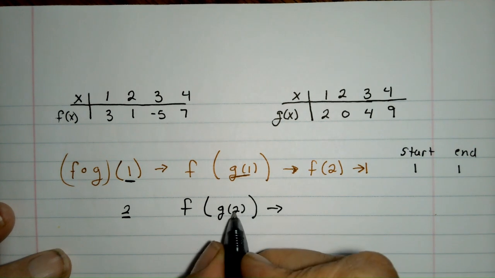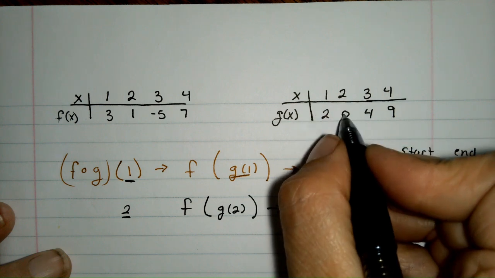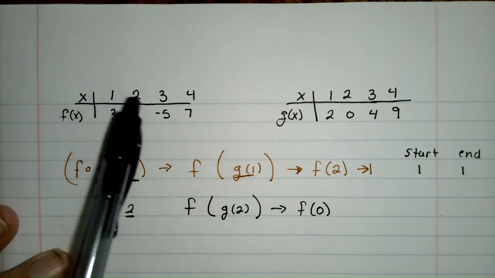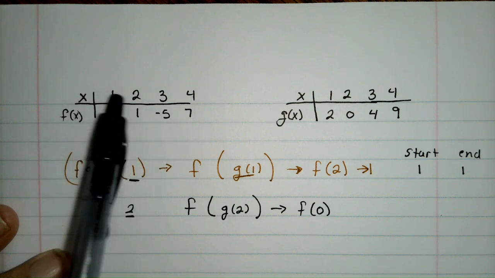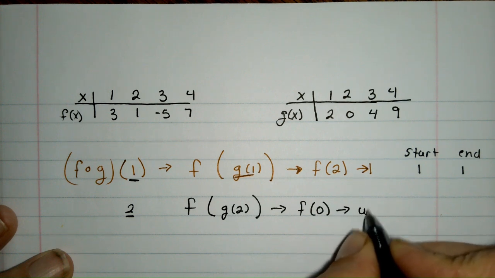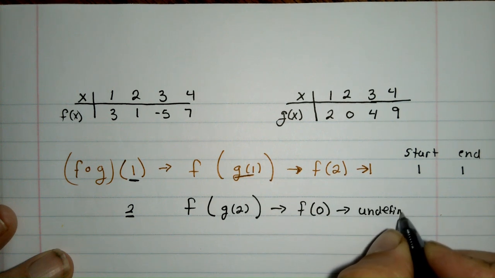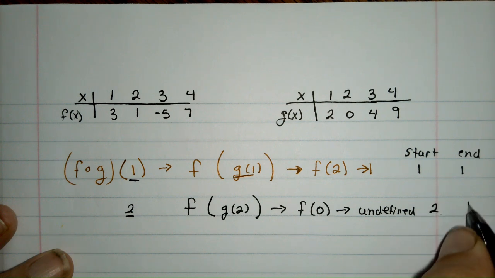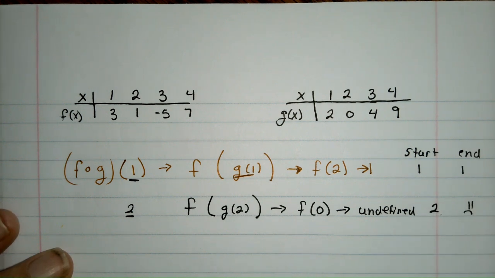Okay, well, when I put 2 into g, I get out 0. But over here, they don't tell me what f of 0 is because there's no 0 as an option for my x's. So this is undefined. So I started with a 2, but I couldn't find an ending value.